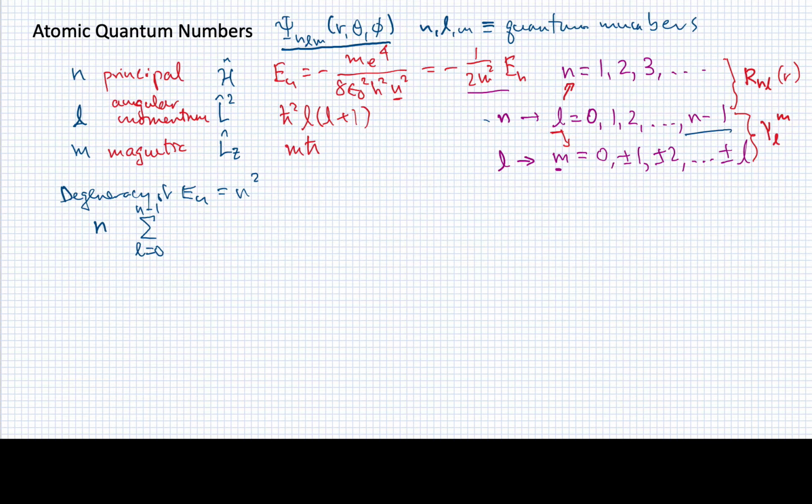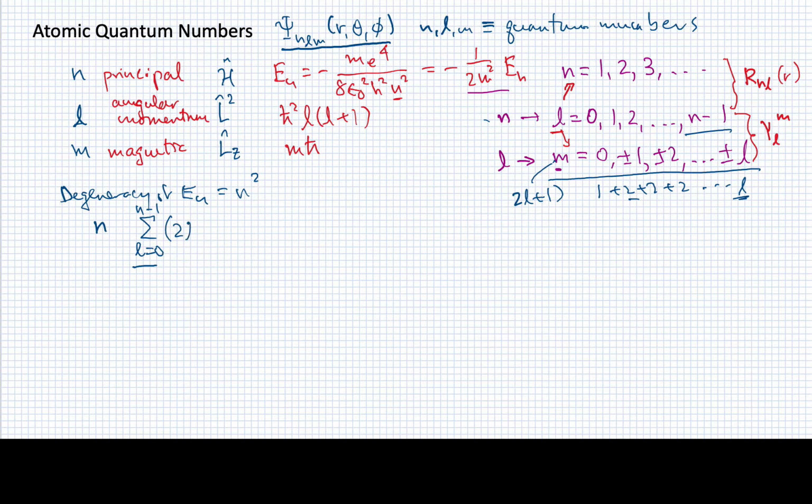Now, the total number of states within each L is given by the number of different m values that one can have. If one counts them up, we would have 1 for m equals 0, plus 2, plus 2, plus 2, all the way up to L. So that means that we would have 2L plus 1 different values of m corresponding to each value of L.